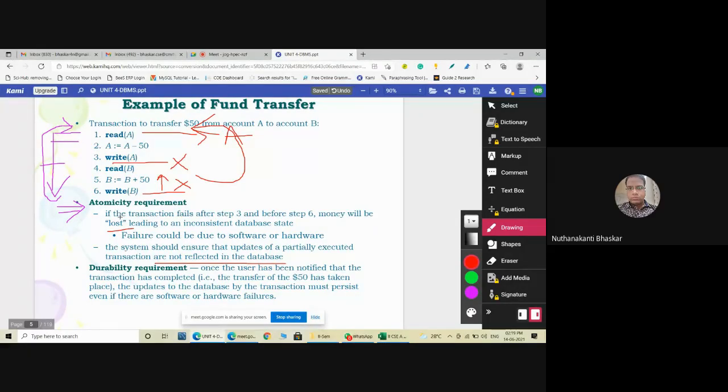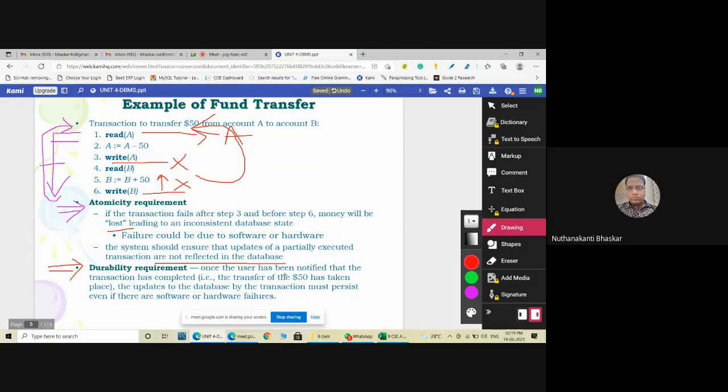Now durability. Just now one of the girls gave the definition of durability. The value that was there before the transaction must be saved after the transaction. That is what durability means. There is no data loss.